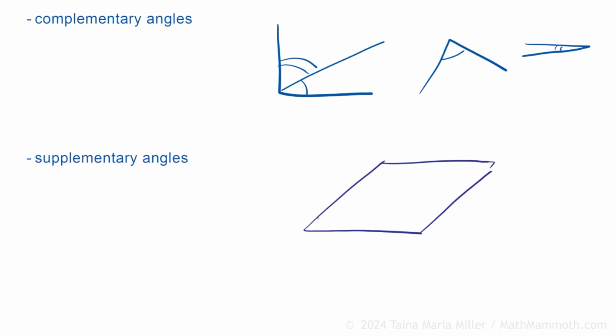In a parallelogram, this angle here is congruent to the angle at the opposite corner. And then this angle here is congruent to this one here. But altogether, these four angles make 360 degrees, which means that this and this make 180 degrees. So we have this angle here and this angle here. They are supplementary angles because they add up to 180 degrees.